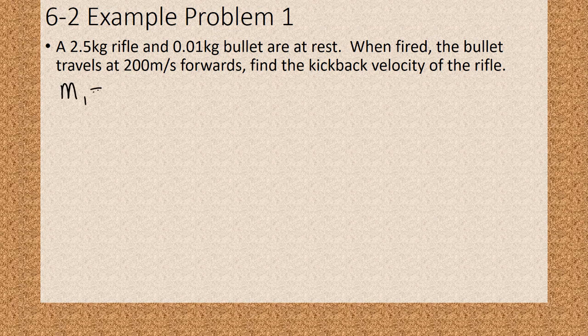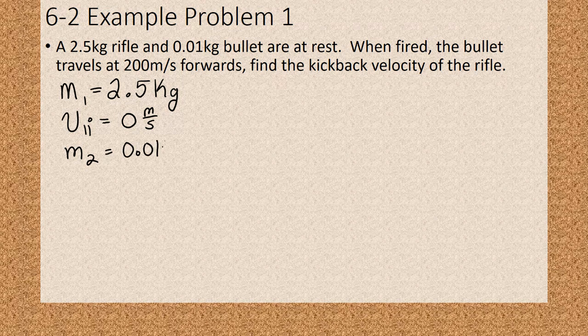So m1 is going to be the rifle, and m1's initial velocity is going to be 0. m2 is the bullet. That's 0.01 kilograms, and that also starts at rest.